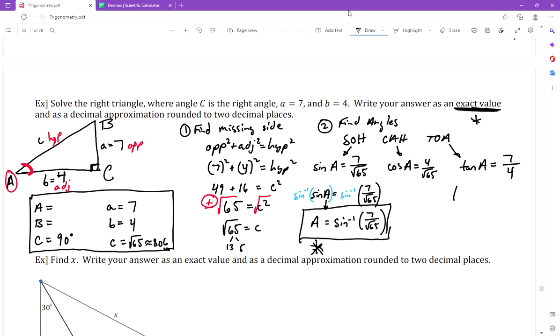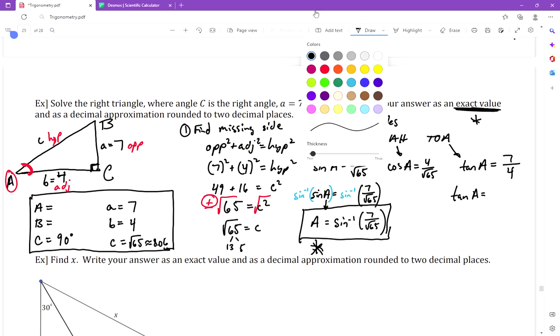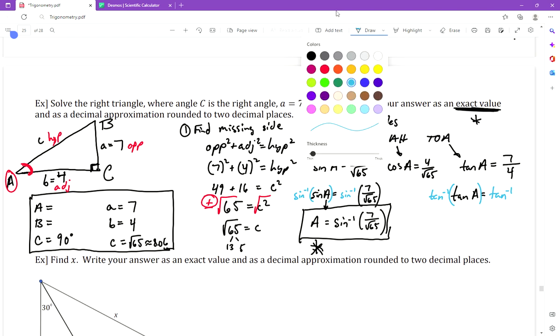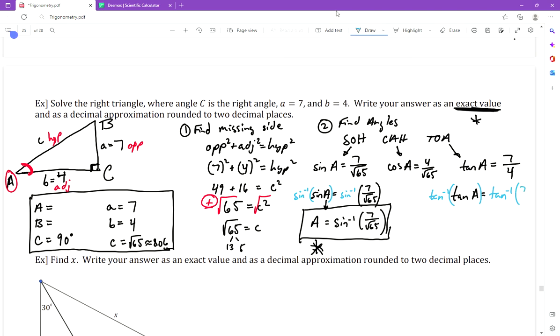So it's kind of like the sine. I'm going to leave a little space, and in blue, do the tangent inverse of both sides. So I'm just doing the inverse trig function of whatever I currently have. Tangent inverse on the left, and 7/4 on the right.